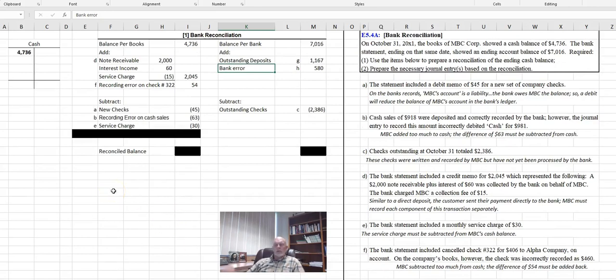So what happened here is a customer gave us a check. We deposited that $320, so that's included in our number, and now a few days later we're getting that check back from the bank, indicating that it's not any good. The customer didn't have enough money in there to cover it. So we're going to subtract that $320 back out of our balance.